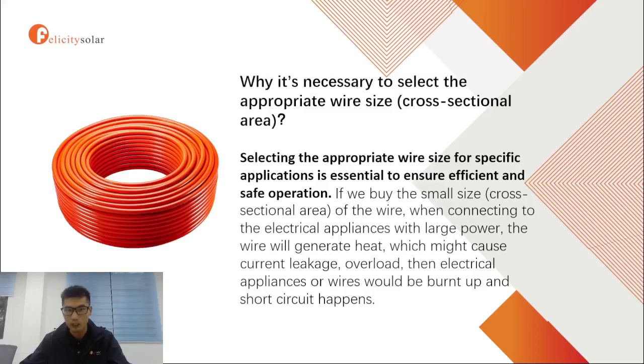First of all is the safety. If we buy a small wire and connect it to electrical appliances with large power, the wire will generate heat, and this may cause current leakage and overload. Then the electric appliances or wires will be burned up and a short circuit happens, which could be very dangerous.